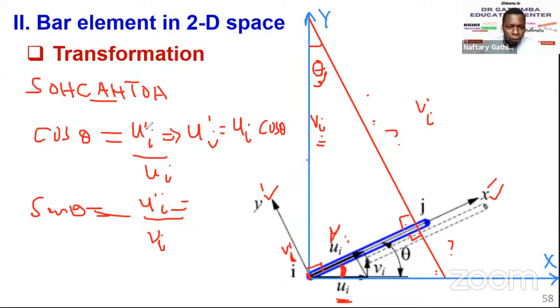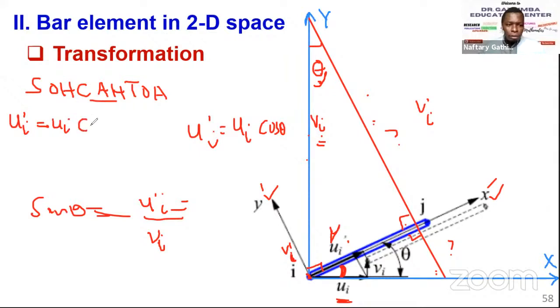So this one will give me, let me show you something we can do here. Because we already have calculated this, we already see that. So now I can move it here. So we are saying U prime I is equal to UI cos theta.